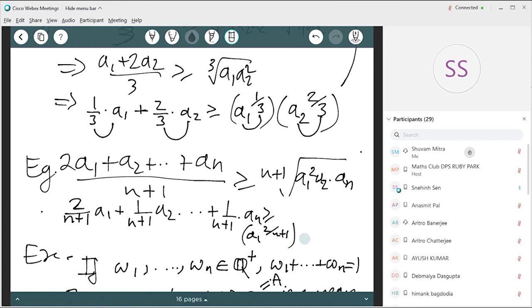I should write that as well. 1 by n plus 1 and dot dot dot an to the power 1 by n plus 1. It's basically the coefficients over here. Whatever coefficient appears over here is the power over here. Okay, Dada, thank you.